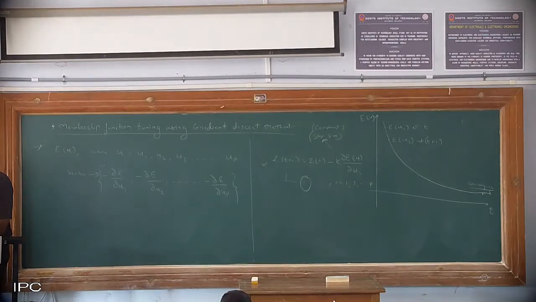Fourth, A of ij and B of ij are updated using the new values of u of i.